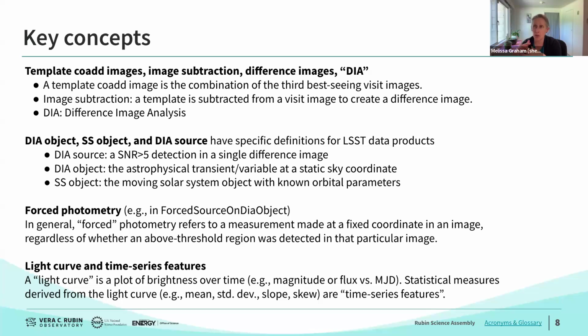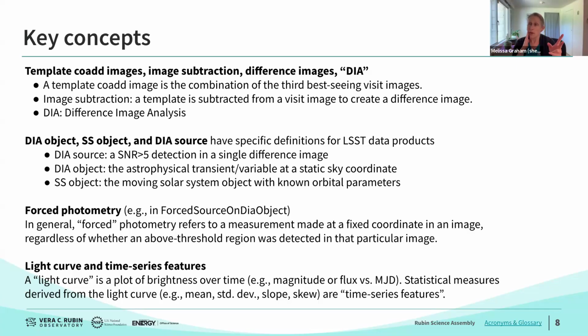The DIA object table is the table that contains all DIA objects. A single DIA object is one single astrophysical time domain object at a given sky coordinate. All right, those are the key concepts of object and source: DIA object, SS object, and DIA source.